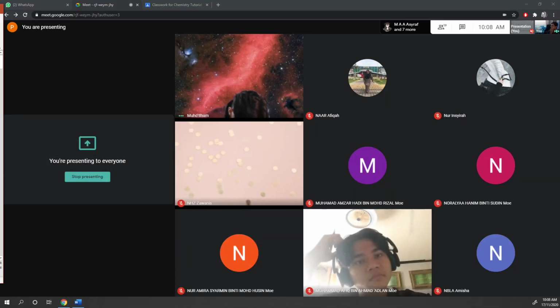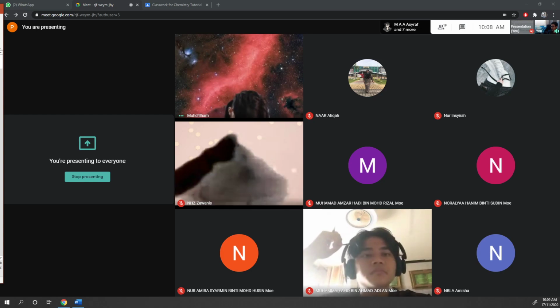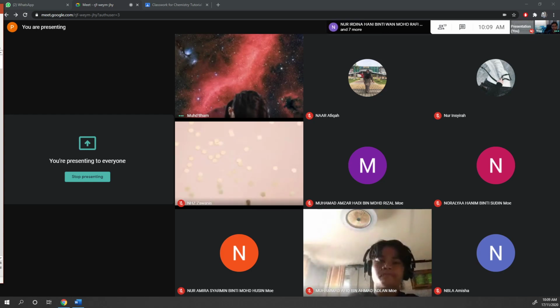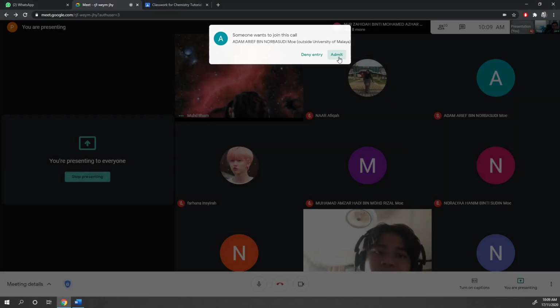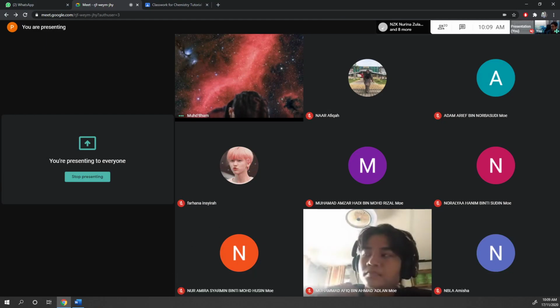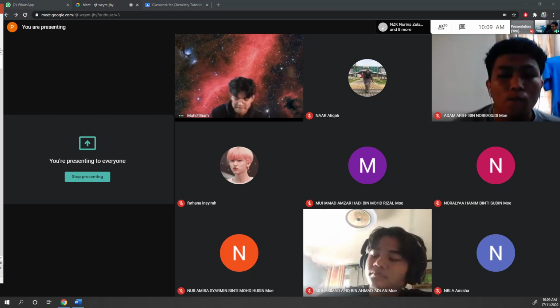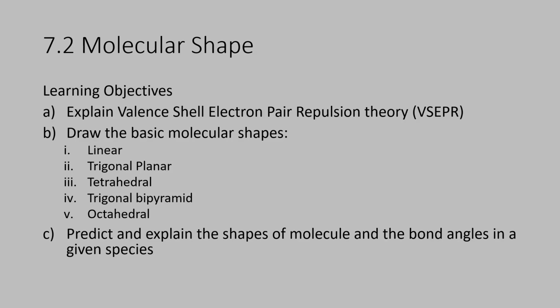So, hari ni kita akan belajar pasal molecular shape. You guys nampak kan my slides? Nampak. Okay. So, I think everyone dah ada. So, saya akan terangkan. Kita akan belajar pasal VSEPR Theory, which you guys all the expert.